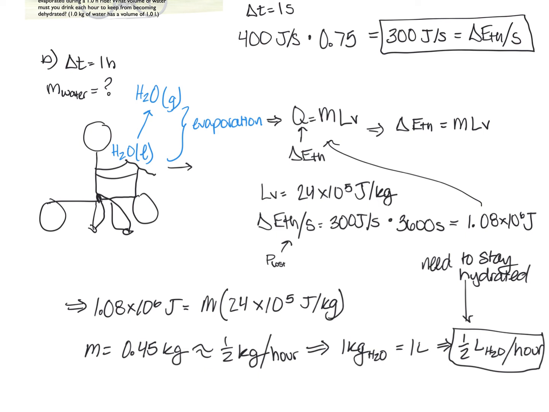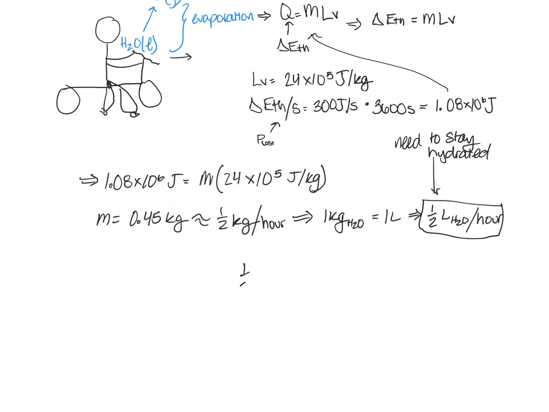So if I say I have half a liter of water, 0.5, that is equal to, let's see here, half a liter is about equal to 0.13 gallons of water. So about 1/10 of a gallon, and I'm not sure what that is in cups, but you would have to go 10 hours to drink 1 gallon of water.